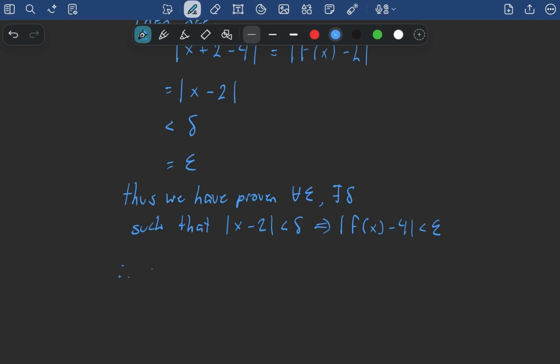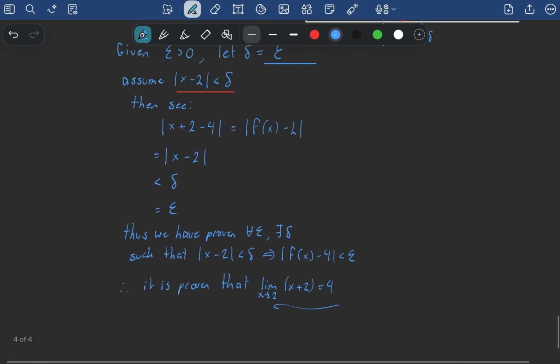Therefore, it is proven that the limit as x approaches 2 of x plus 2 is equal to 4.